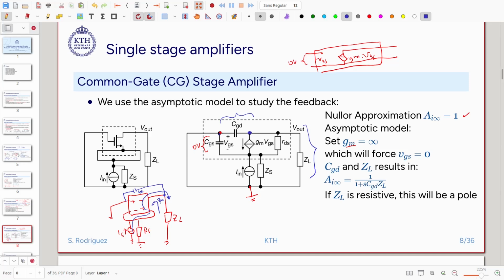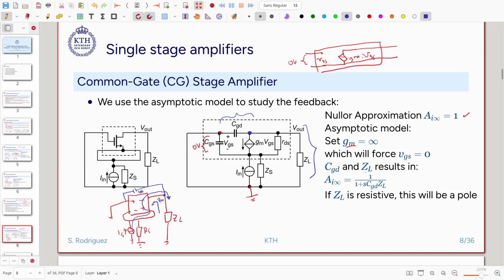Even if we have an infinite transconductance here, the gain will be limited at higher frequencies because this capacitor CGD starts to shunt signal to ground, so there will be a pole in the asymptotic gain.